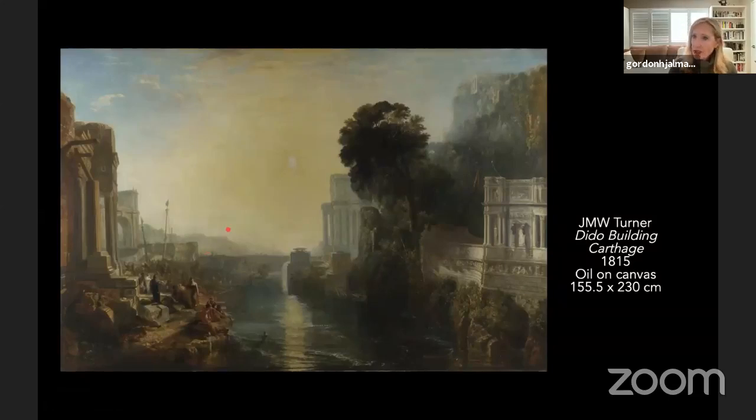And it was from Roman times, Virgil, and this story predates Roman civilization. And Dido was the queen of Carthage, and she was trying to rebuild her city. And if you can see on the left-hand bank, the woman in the blue and white to the left there, she is Dido, the queen.